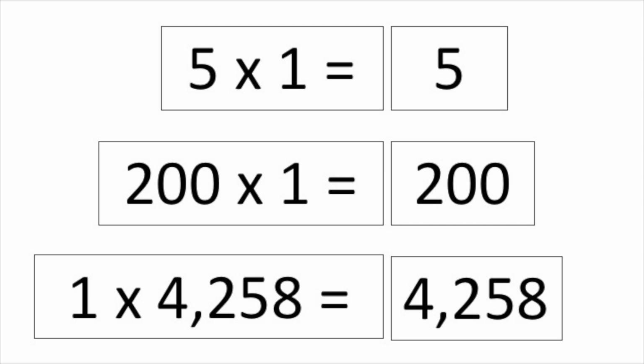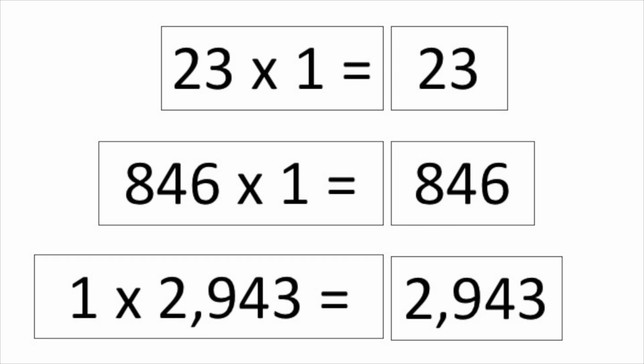And if it goes the other way, it's the same. 1 times 4,258. What's the answer? 4,258. You see? Timesing by 1, it's always the same answer. And this doesn't matter how many digits. 23 times 1? 23.